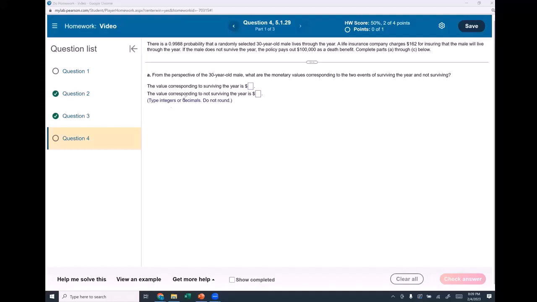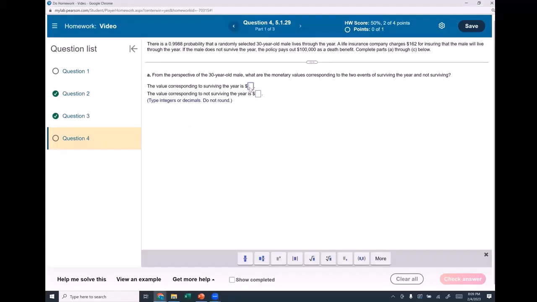The value corresponding to surviving the year, as the guy who took out the policy, I lost $162. However, if I don't survive, I don't make any money, but whoever I leave that to is going to have a profit of $100,000 minus the $162 that I initially put in.